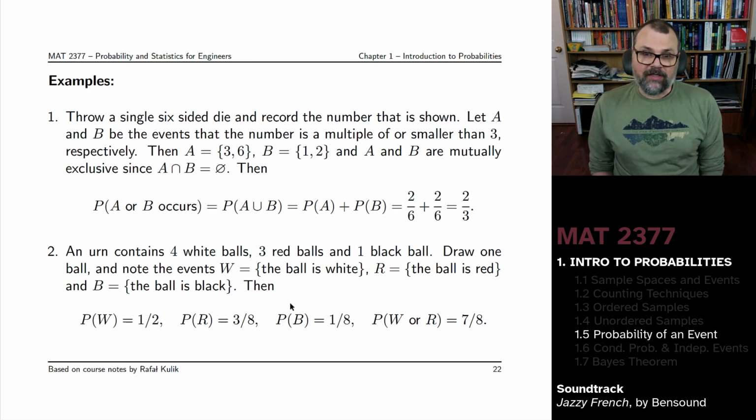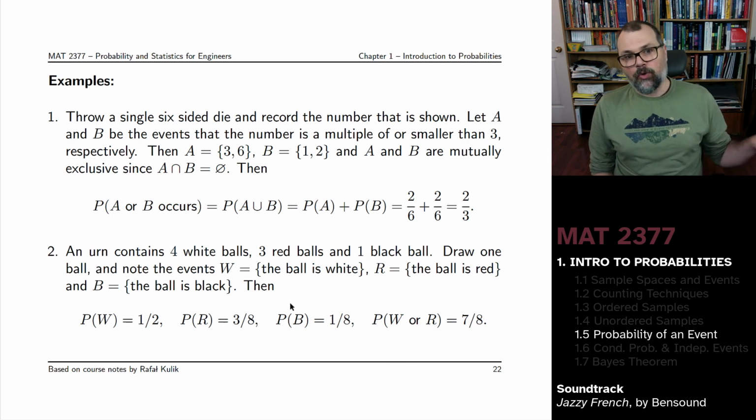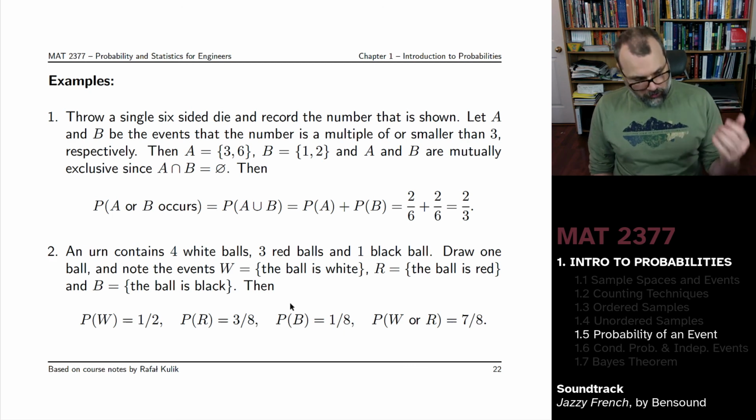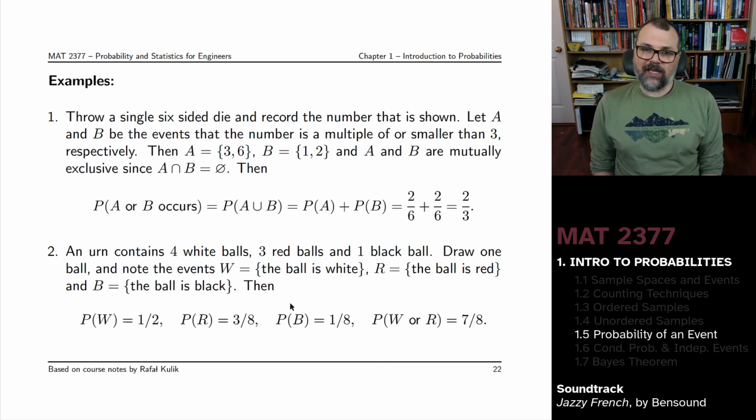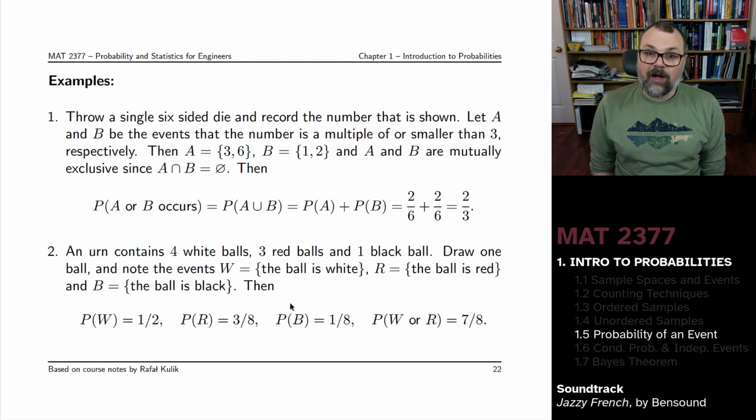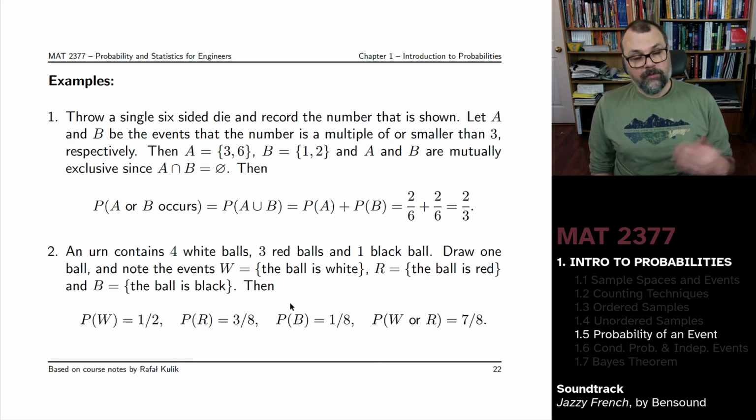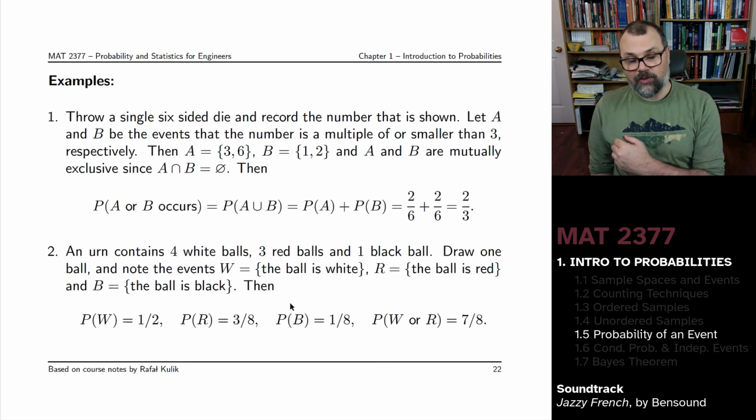What's the probability of A? What's the probability of rolling a multiple of 3? There's two outcomes, 3 and 6, divided by 6 total possible outcomes, 1, 2, 3, 4, 5, or 6. That means that the probability of A is 2 over 6. The probability of B now, well, there's again two outcomes, 1 and 2, divided by the total number of outcomes, which is 6.